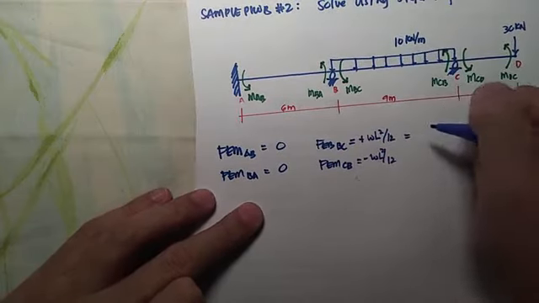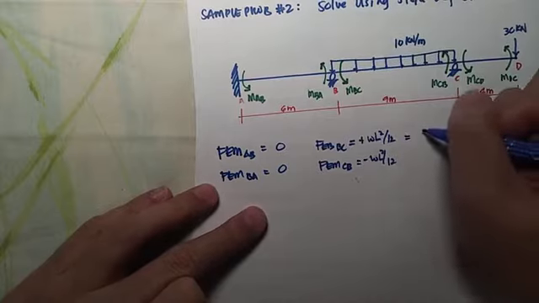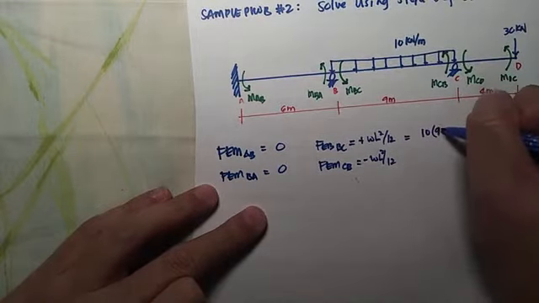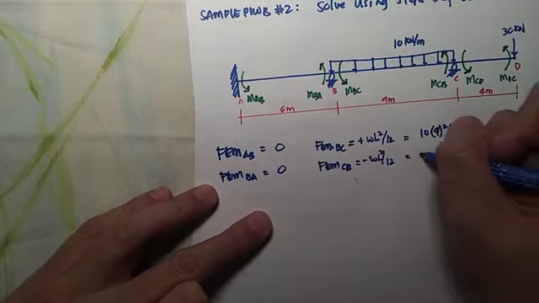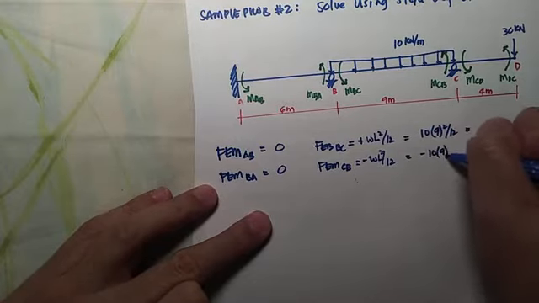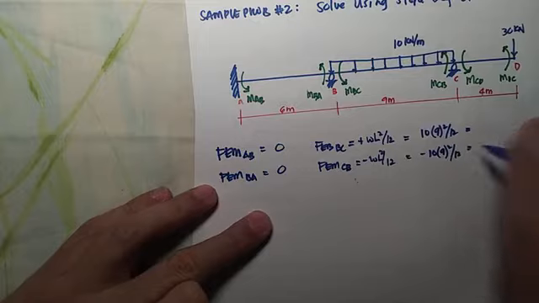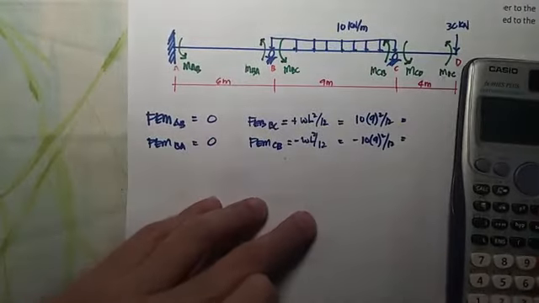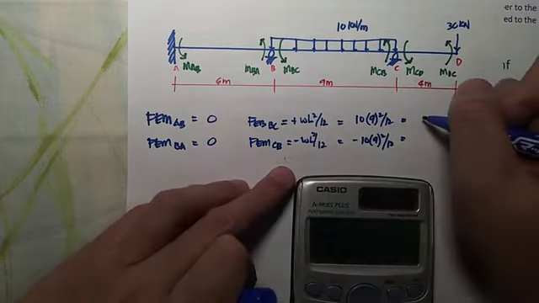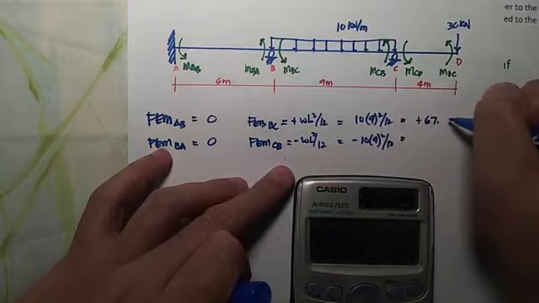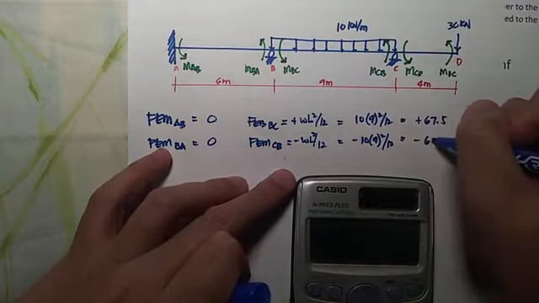So this becomes 10 times 9 squared over 12, and on the other end, negative 10 times 9 squared over 12. 10 times 9 squared over 12 is 67.5, and this other one is negative 67.5.